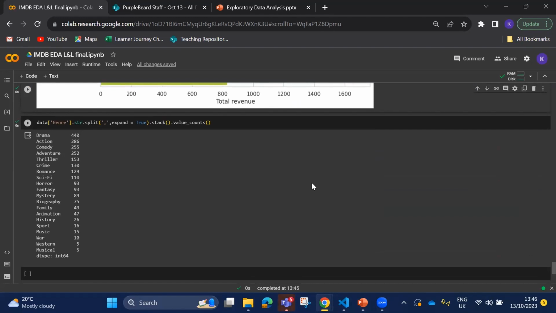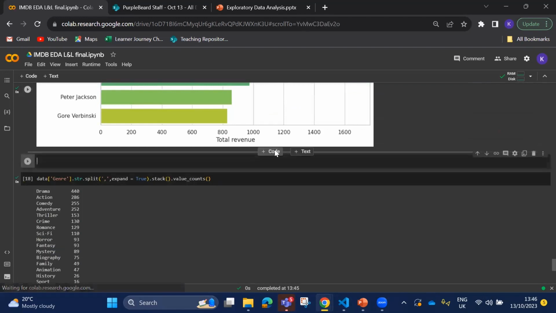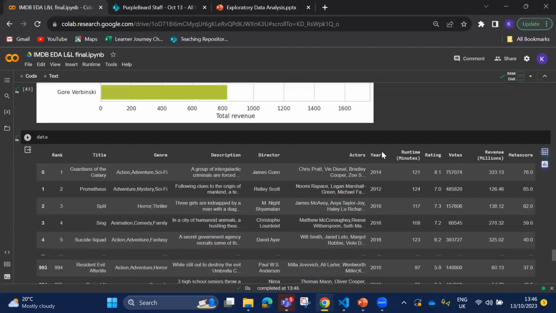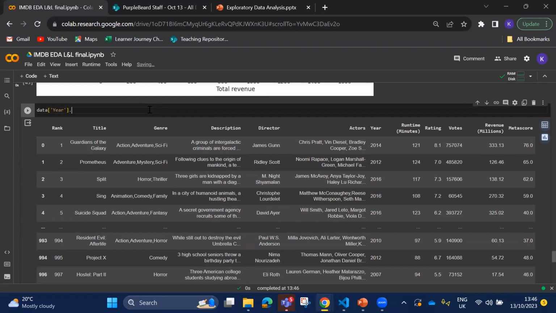Now finally, I would like to use this year column that I have in this data. I want to see how many movies are made in each year, but let's plot this and then proceed.